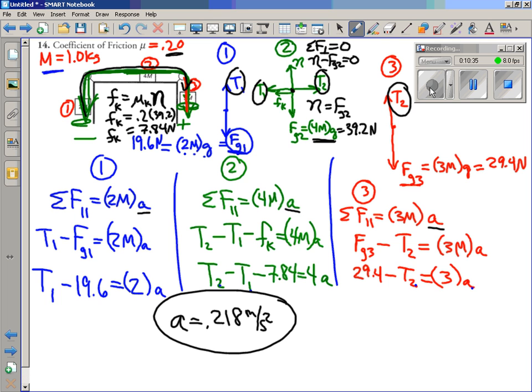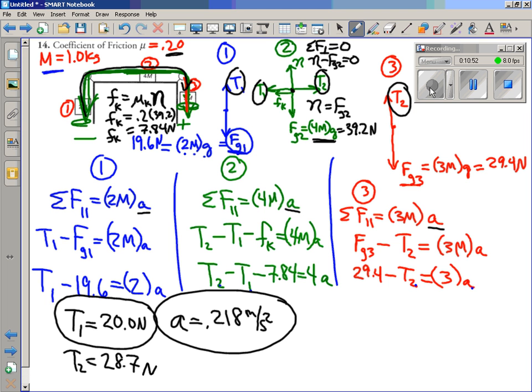Once I know that, I can solve for T1 and T2. T1 equals then 20 newtons, and tension 2 equals 28.7 newtons. And that is everything.